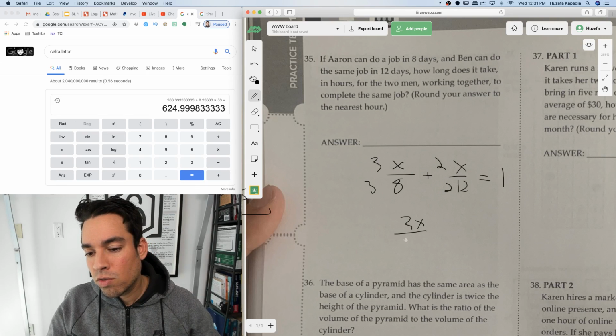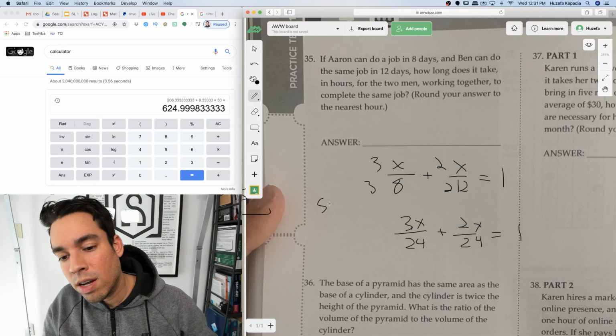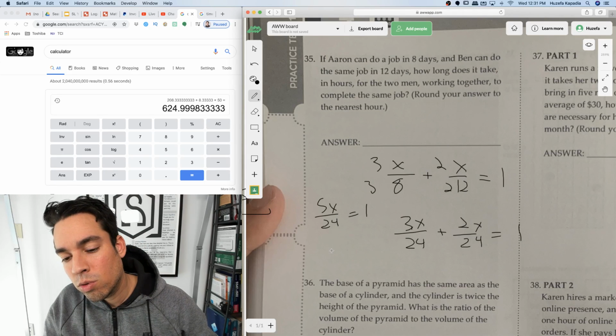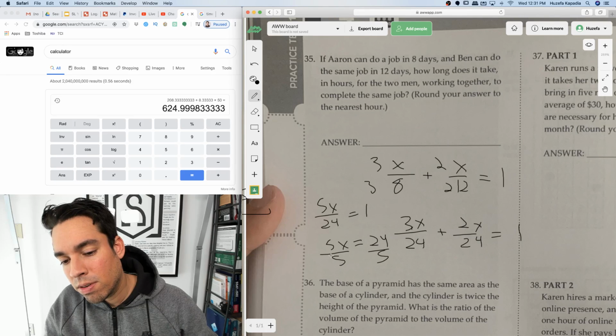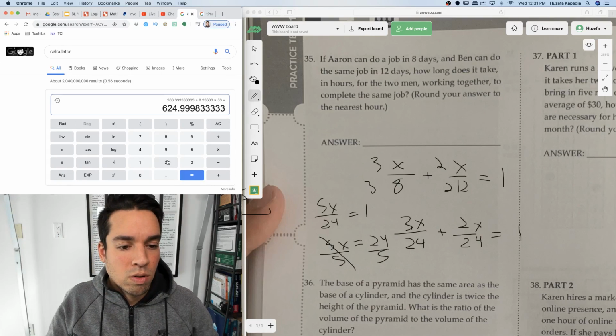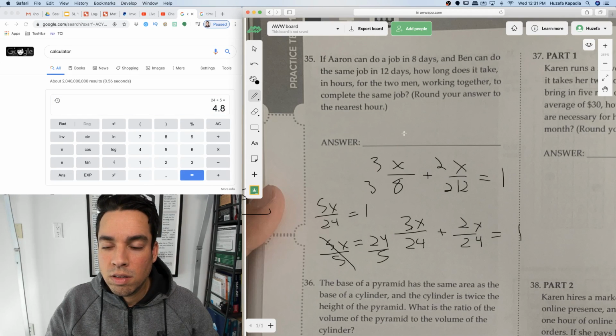So 3x over 24 plus 2x over 24 equals 1. That's 5x over 24 equals 1. 5x is 24, divide by 5, divide by 5. 24 over 5 is 4.8, I think. To the nearest hour, so 5.